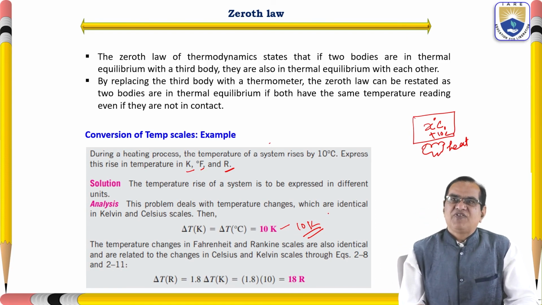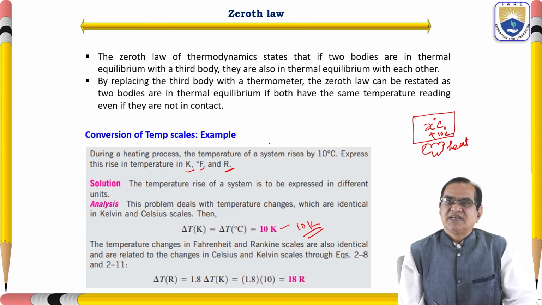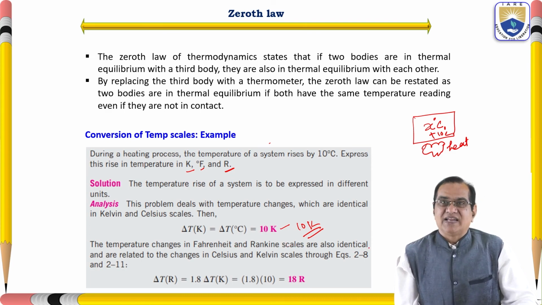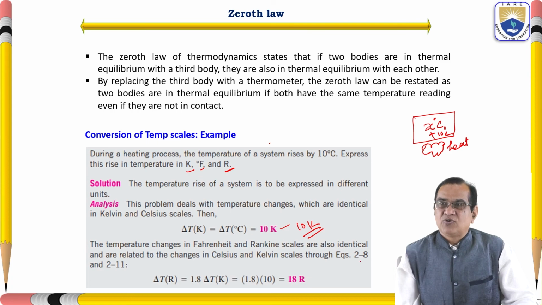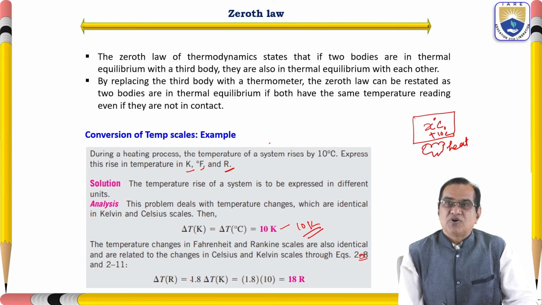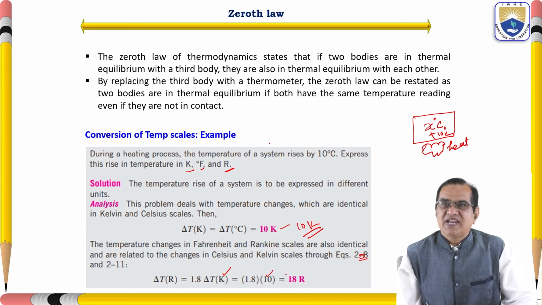Similarly, the temperature changes in the Fahrenheit and Rankine scales are also identical and are related to the changes in Celsius and Kelvin scales through this equation. Here delta T in Rankine is equal to 1.8 times delta T in Kelvin. Delta T in Kelvin is 10 K, so 1.8 into 10 becomes 18 Rankine.